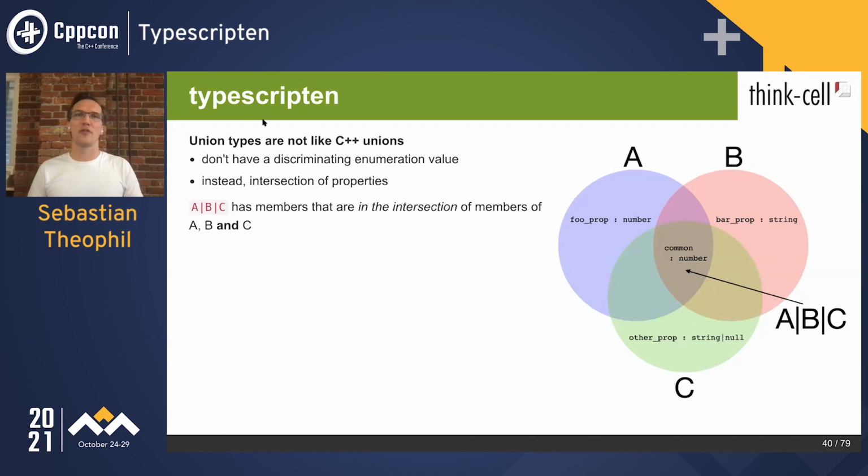Instead, you can think of that union type as being all of those types at the same time. So that union type A or B or C is the type that has the same properties that A, B, and C share. So in that sense, it's not a union, it's the intersection of properties, confusingly, I might say.